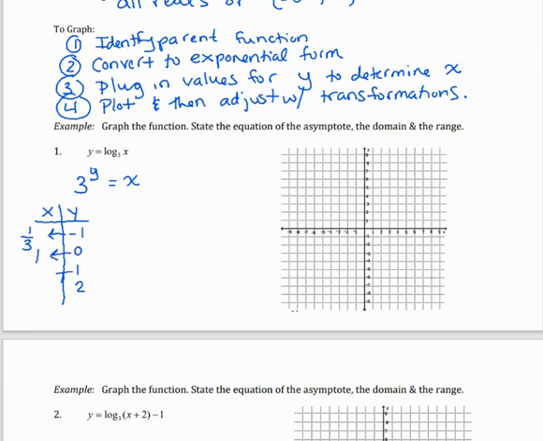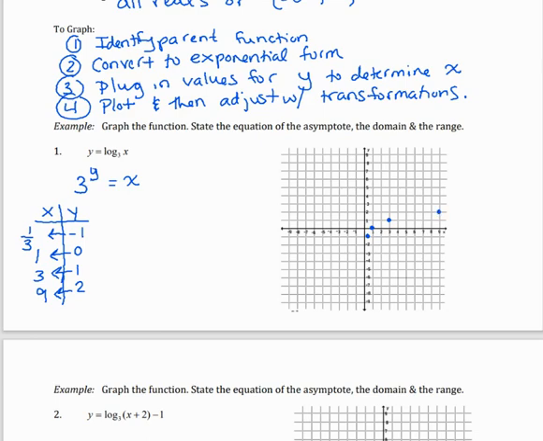When I plug in 1, 3 to the first is 3. And when I plug in 2, I get 9. So I'm going to plot those points. I have (1/3, -1), (1, 0), (3, 1), and (9, 2).